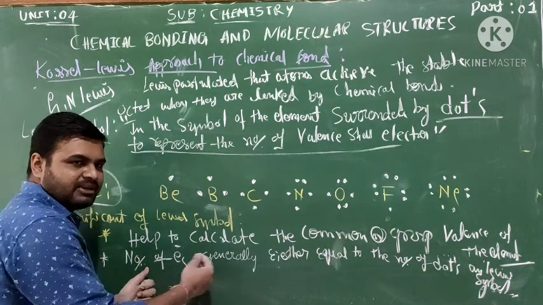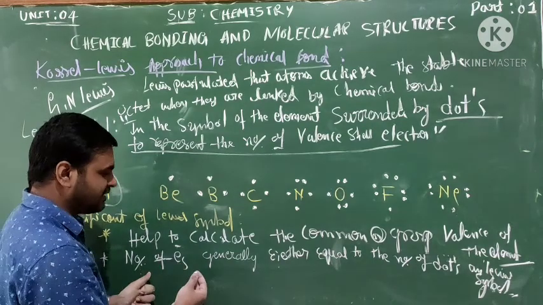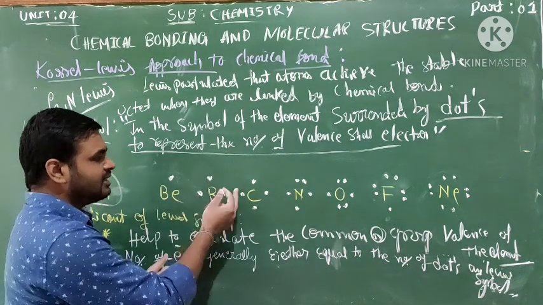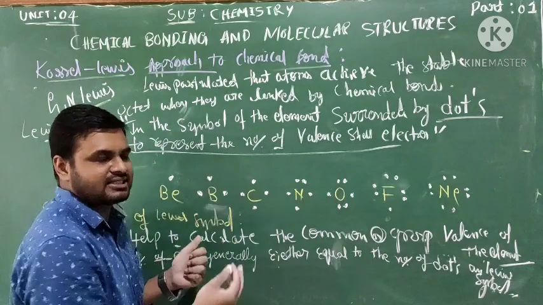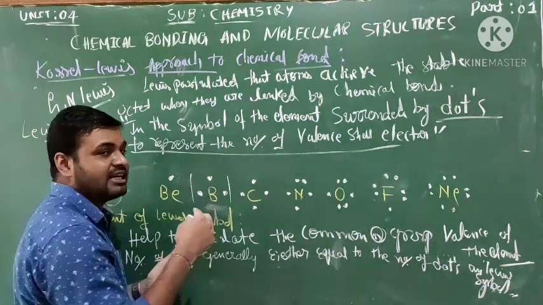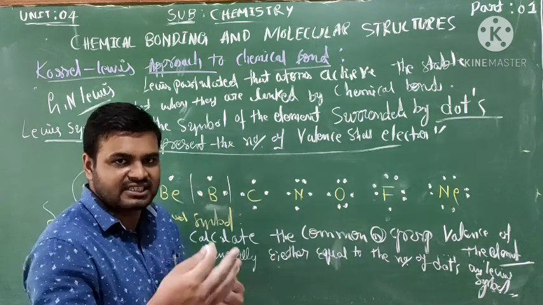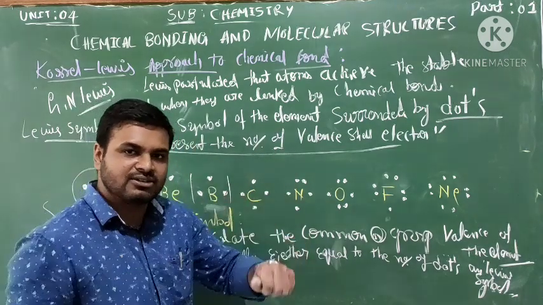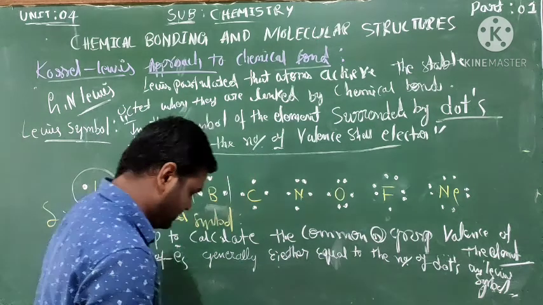Okay, what is the meaning of the second significance? The number of valence electrons is generally equal to the number of dots in the Lewis symbol. So here, consider 3 dots: the valence electron count is 3.